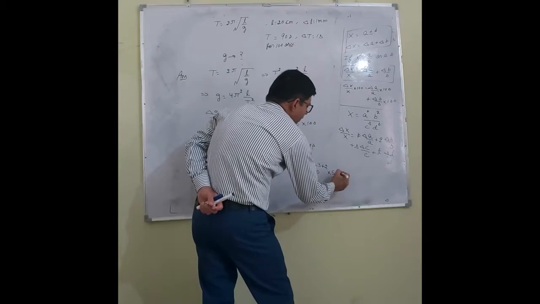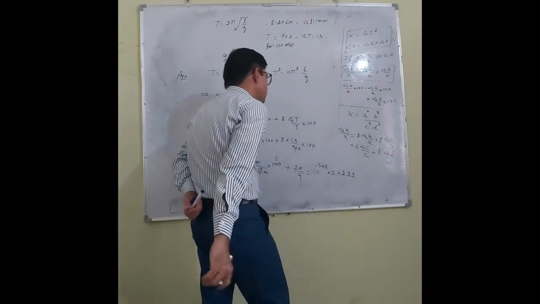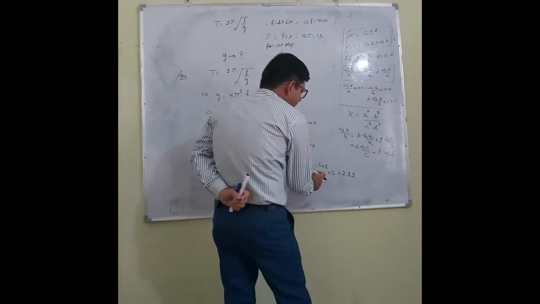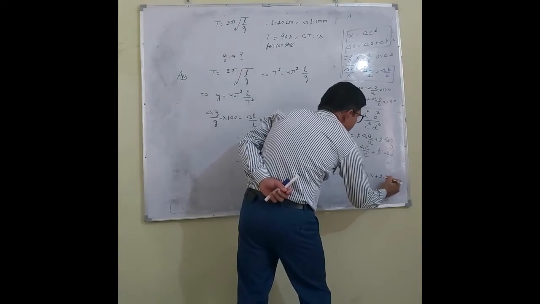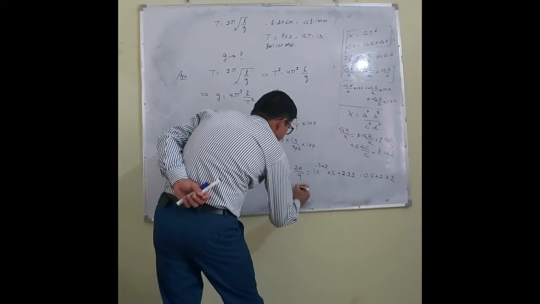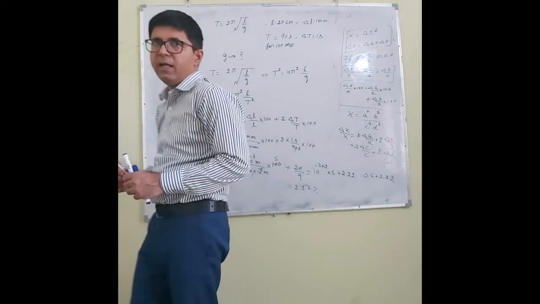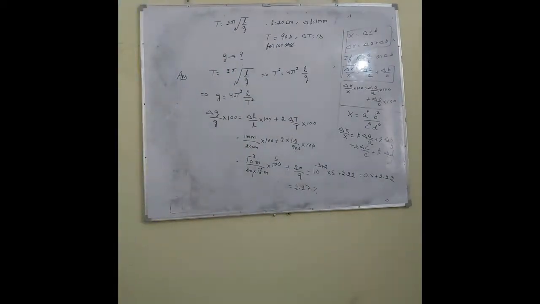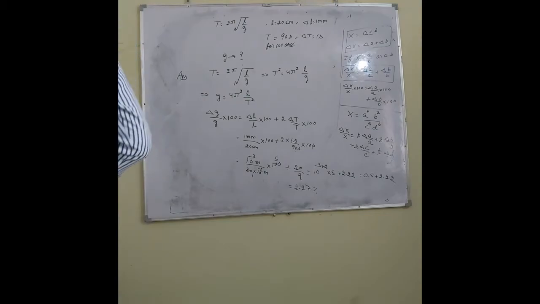How much is 20 over 9? 9 twos are 18, again 9 twos are 18, so 2.22. And the first term is 0.5. So 0.5 plus 2.22, the answer is 2.27%. So the percentage error in measuring acceleration due to gravity is 2.27%. Right?